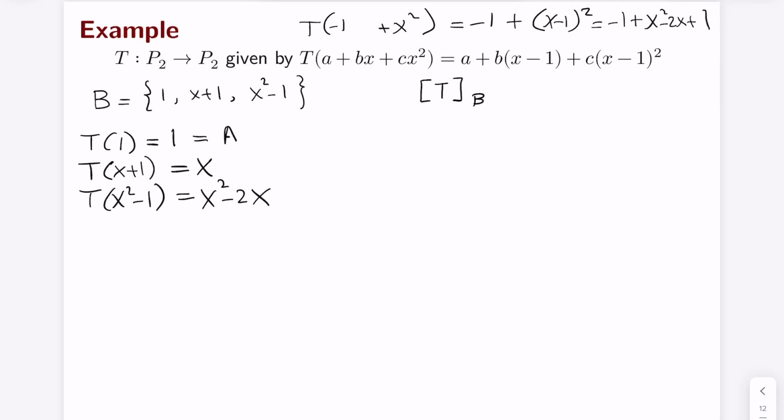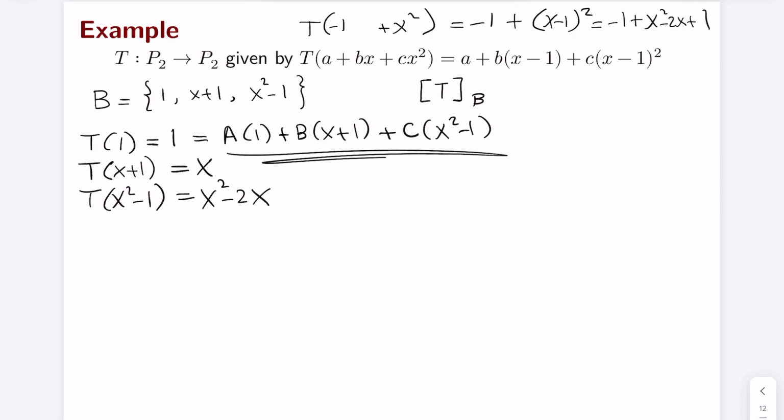It should be certain a times 1 plus b times the other one plus c times the other one. And let's find out the coordinates. When we solve this system here, we see that it's actually going to be the same operations for the other ones. Let's do these operations separately. So this is a plus bx plus b, doing the distributive property here.